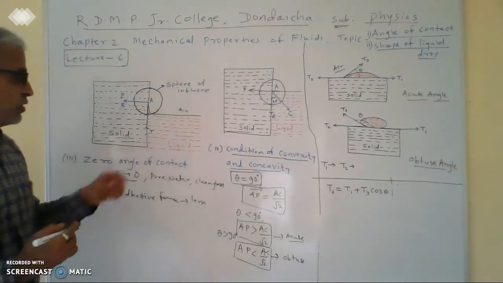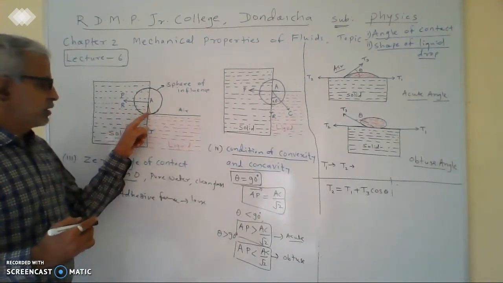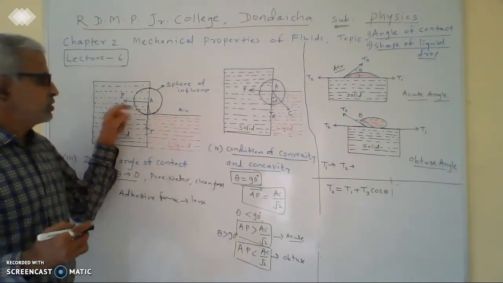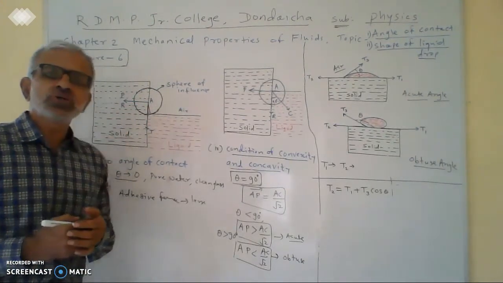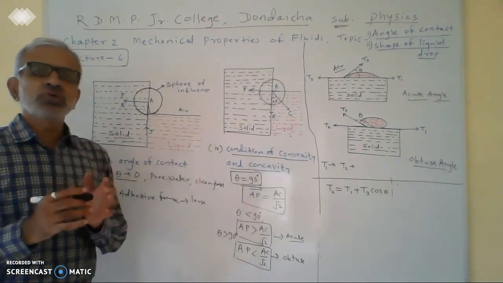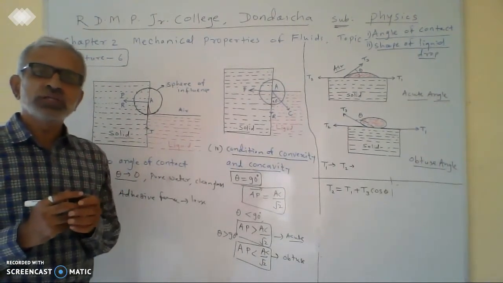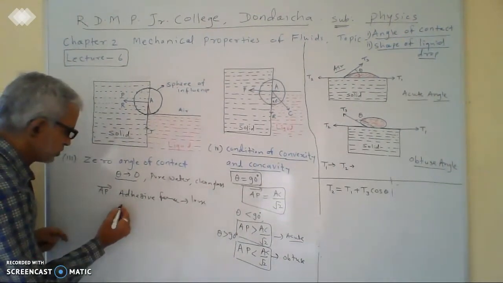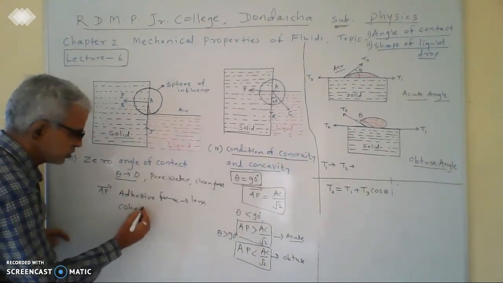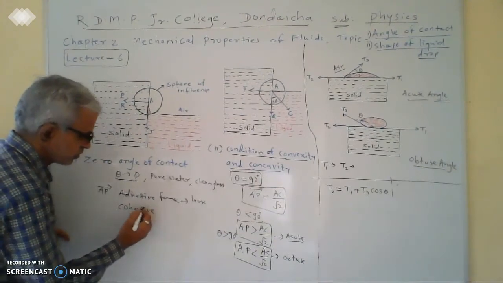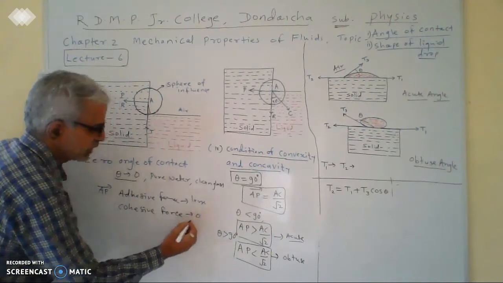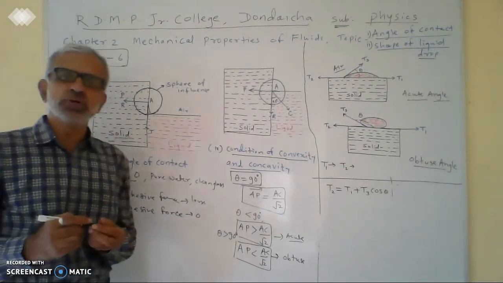And if you see this red portion in the sphere of influence, this red portion is the molecules of the water. Molecules of the water are very small in number, and because of that, the cohesive force on molecule A will be nearly 0, or it will be negligible.